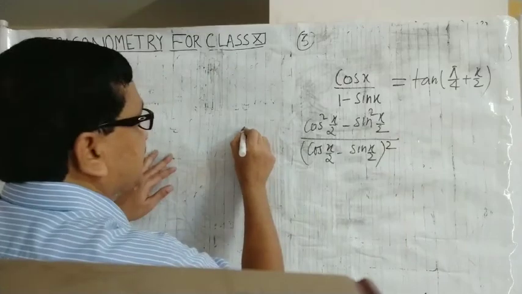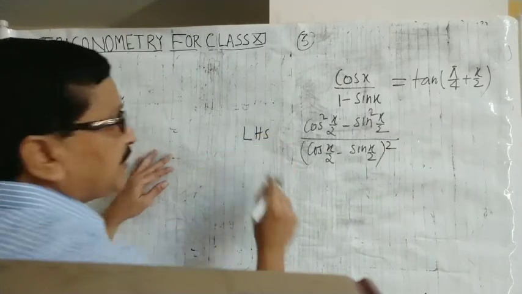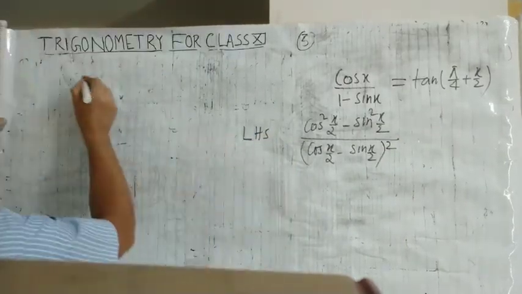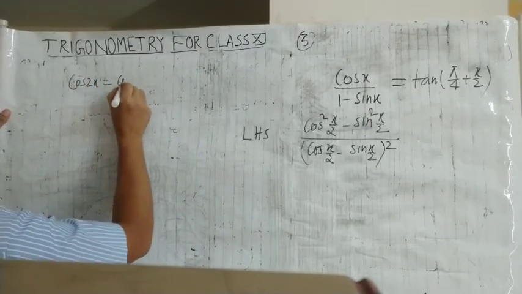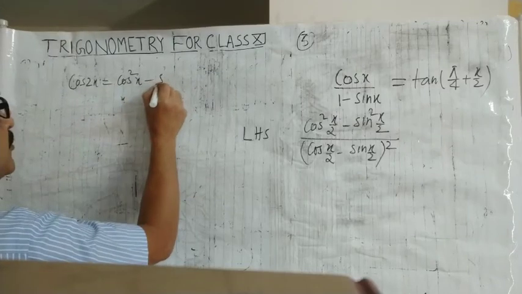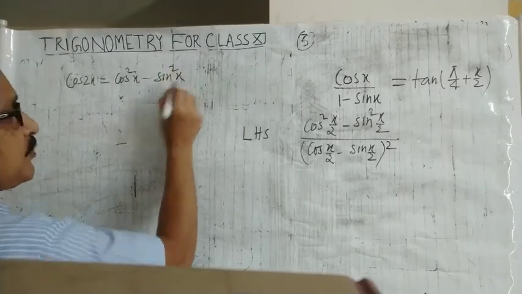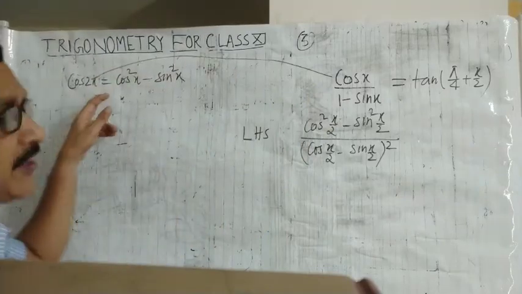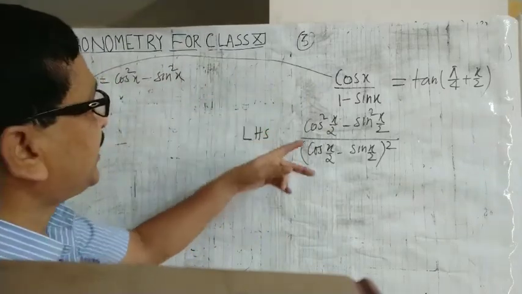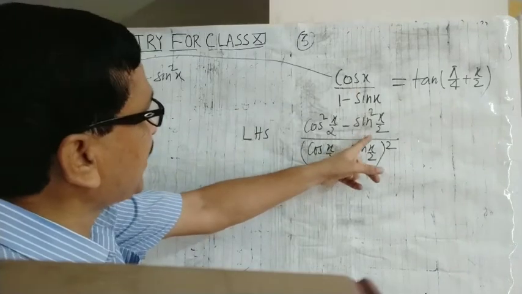This is your LHS. The students should note that the formula for cos 2x we know, cos square x minus sin square x. So this has been used to write the formula for cos x. In case of 2x, angle x has been taken. In case of x, x by 2 has been taken.